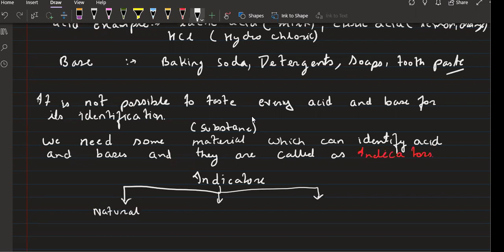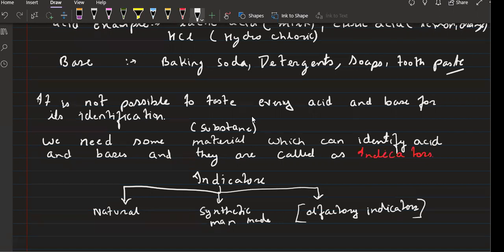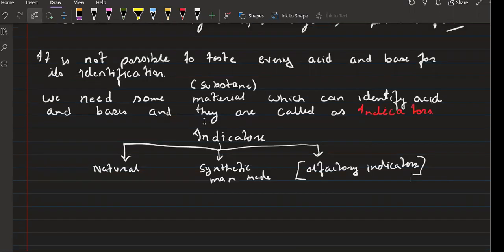Second, synthetic or man-made. And third is called olfactory indicators. Now I guess, except this, these two are self-explanatory.